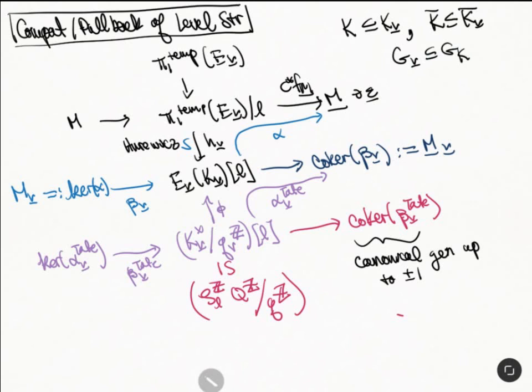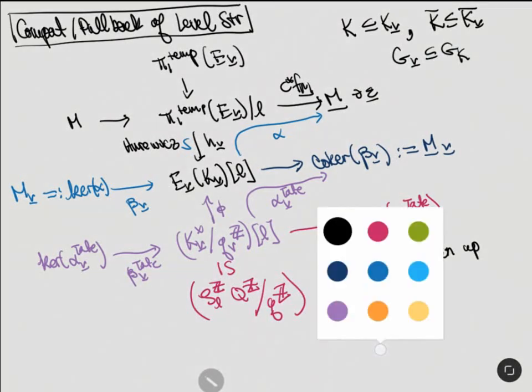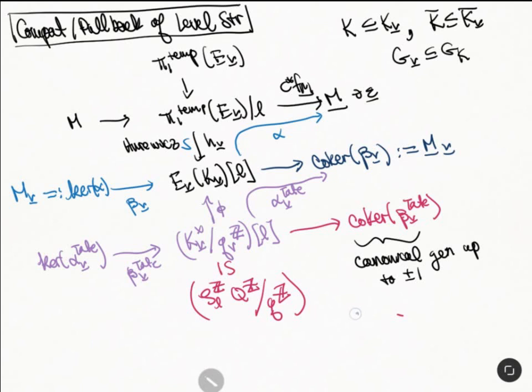Then we can ask that this map here, the condition we want, is that this is a GV sequence, and this sequence is a GK sequence.